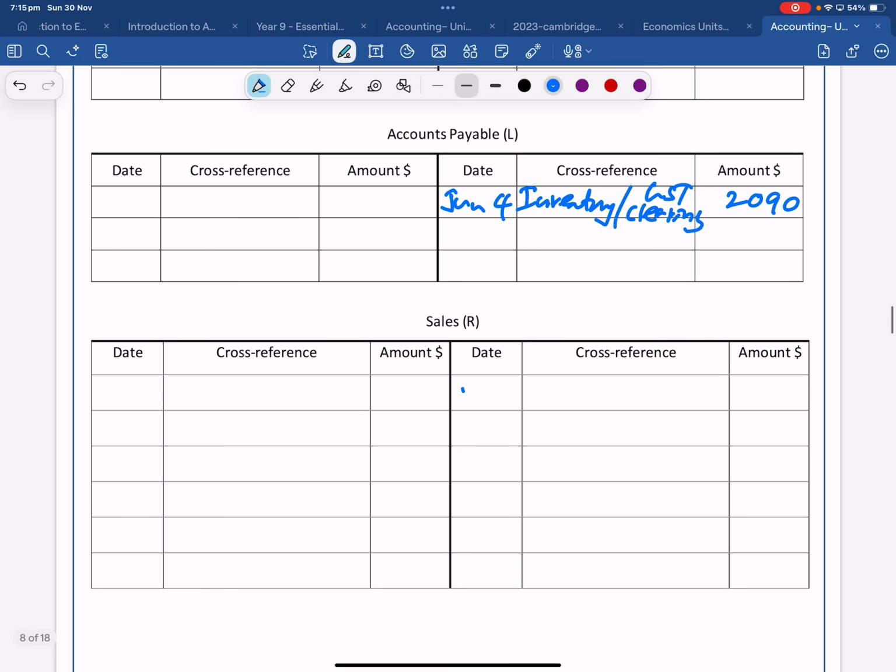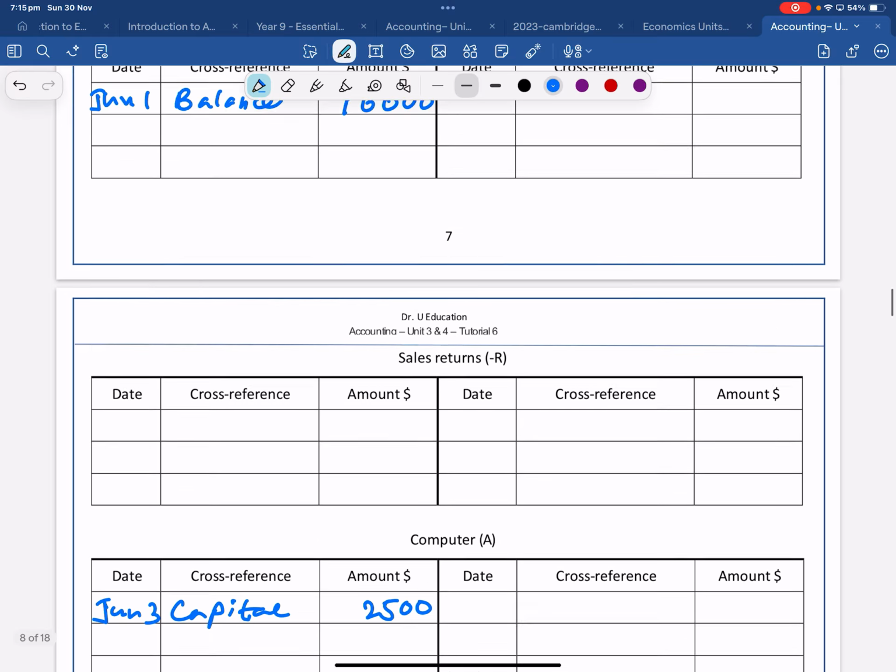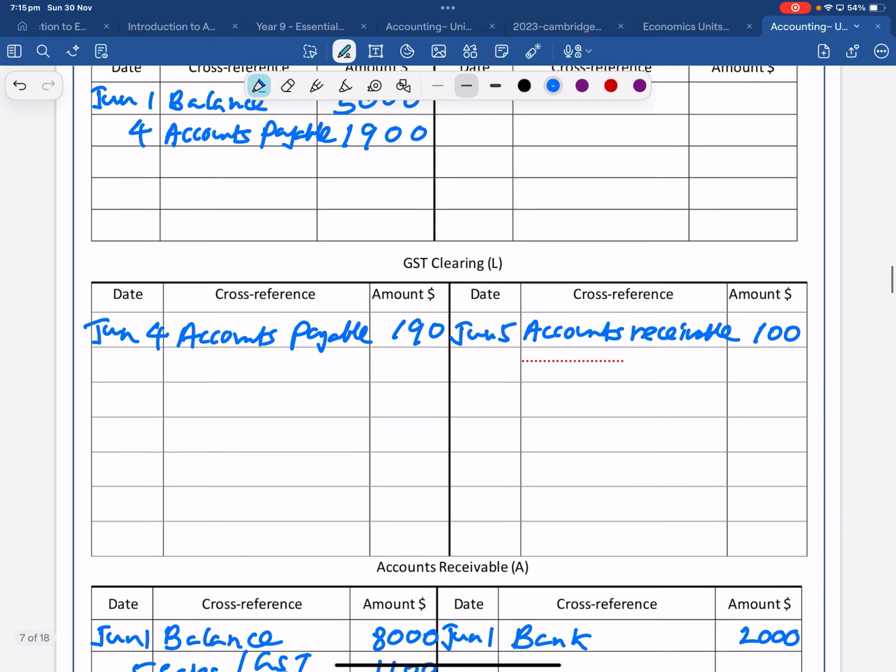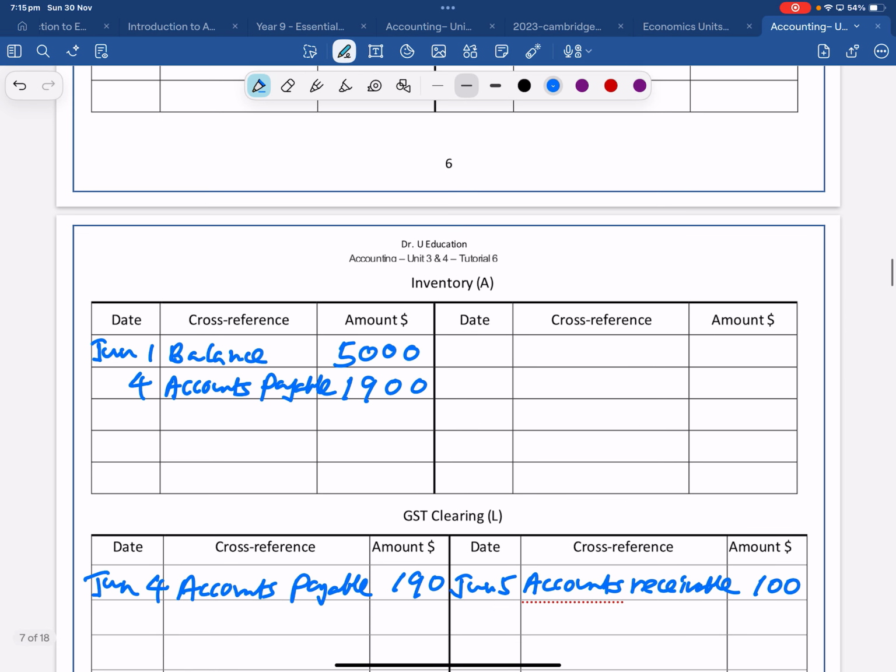Then sales will be credited June 5th, accounts receivable 1000. Then inventory will be credited 600, saying what?